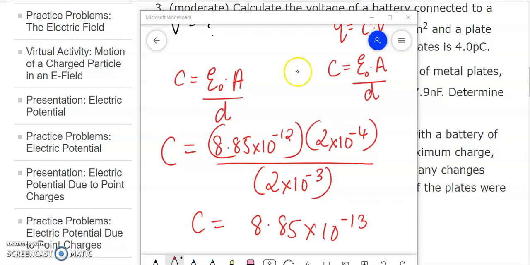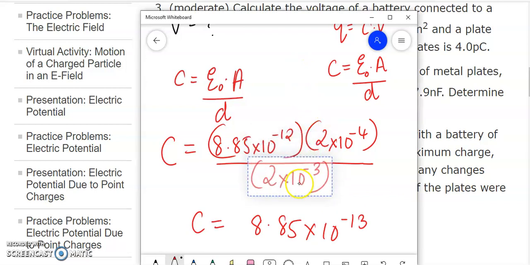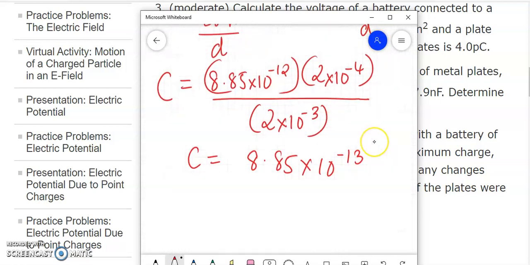So once you've got the value for C, now you need to find what is voltage.